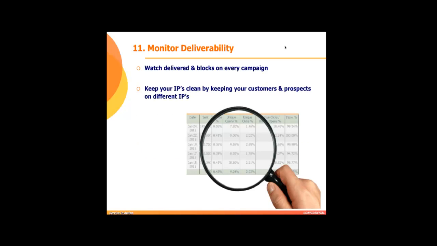Deliverability is very, very important. Your consumer is expecting the message from you to make it through. But the things you have to do in terms of making sure you're delivered is keep your IP addresses clean, keep your customers and prospects, think about putting them on different IPs, because there are a lot of ISPs today that are doing behavioral filtering.